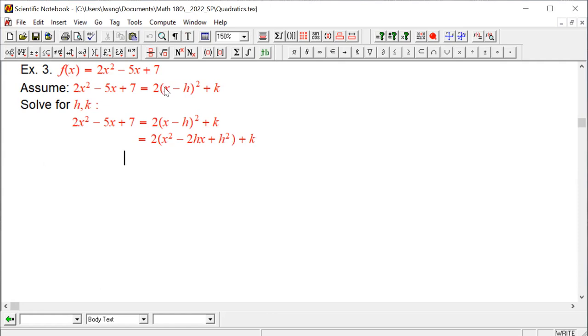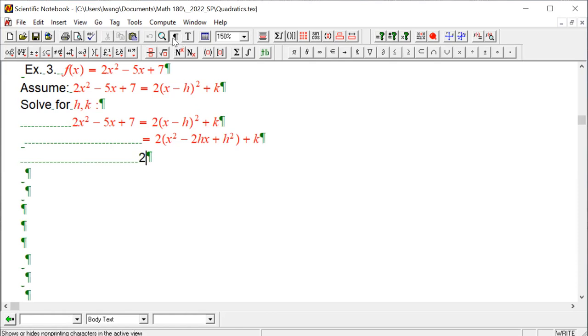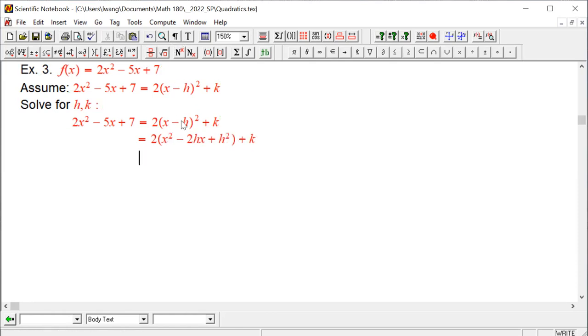And then we're going to open up the parentheses: equals 2 times x squared minus 4hx plus 2h squared plus k.